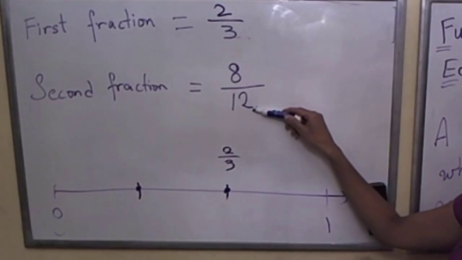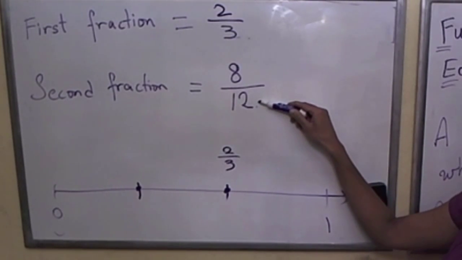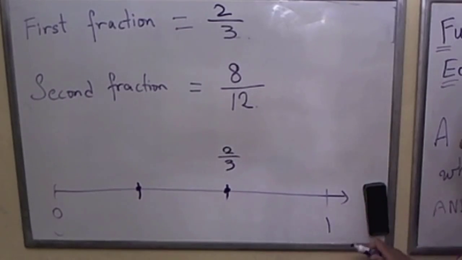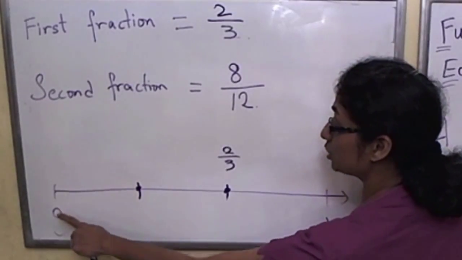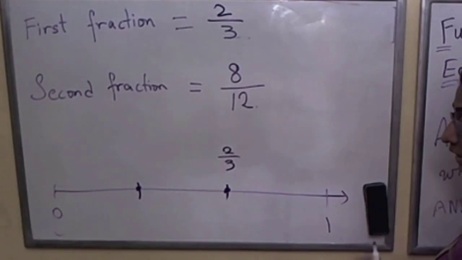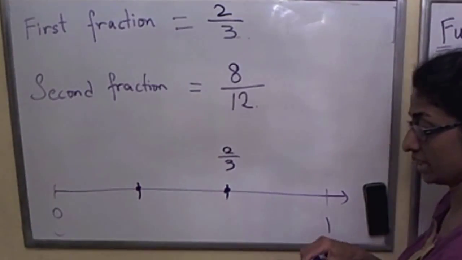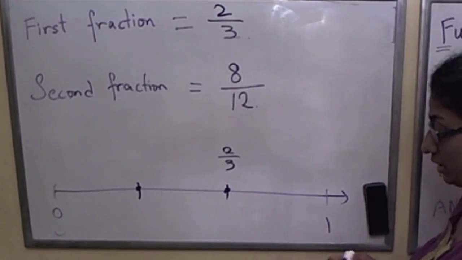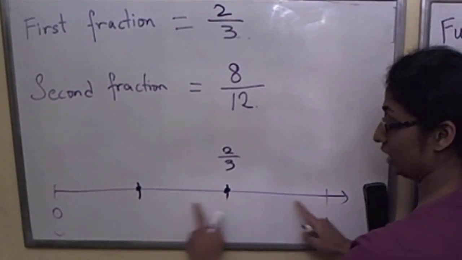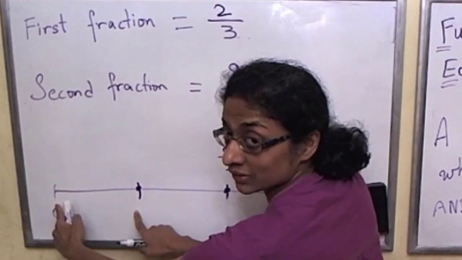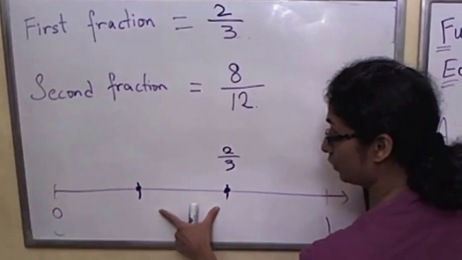For 8 over 12, the 12 in the denominator tells me I must cut up the unit segment into 12 equal pieces. Well, at this time I've cut it up into 3 equal pieces. And if I were to cut each of these pieces into 4 equal pieces, then I'd have 4 pieces here, 4 here, 4 here.